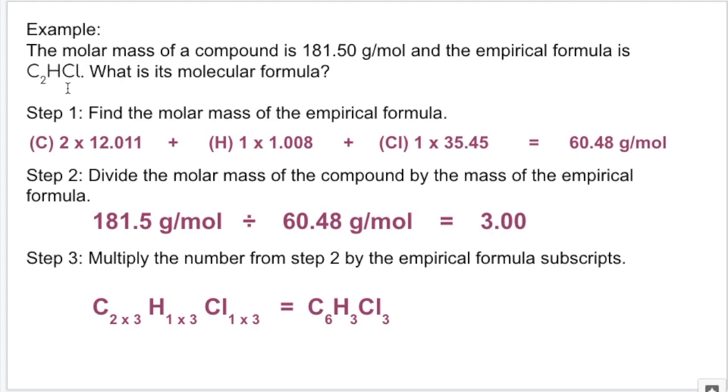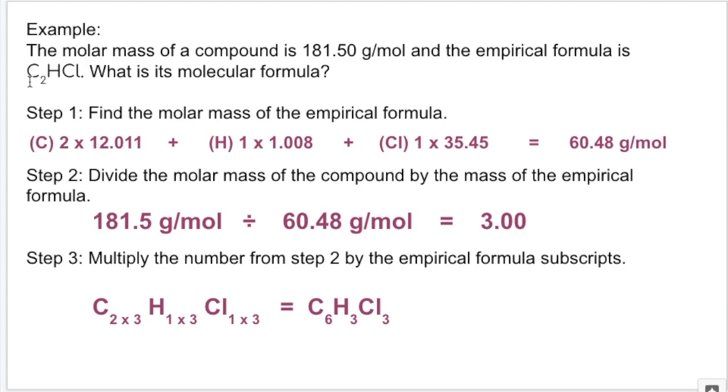They've given us the empirical formula: 2 carbon, 1 hydrogen, and 1 chlorine. They've also given us the molar mass, so we can solve for the molecular formula. Step 1, we find the molar mass of the empirical formula. We look at how many of each element is in the compound.